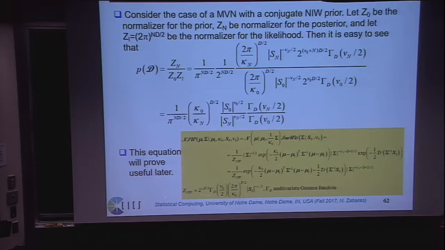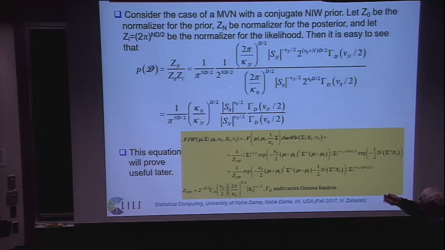And by the way, if you don't trust me, go to the normal inverse Wishart Wikipedia page, and it will give you immediately the normalization factor. So here's the problem. If you want to calculate the marginal likelihood for this multivariate Gaussian, how do you do it? It's very simple. It would be the normalization factor from the likelihood, which is a multivariate Gaussian. So those two terms are there.